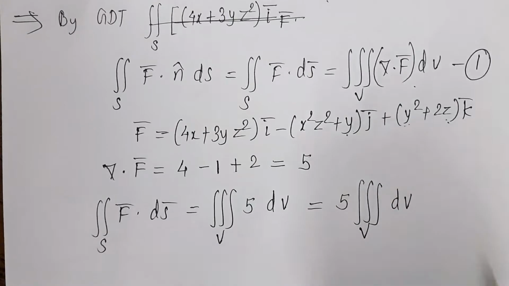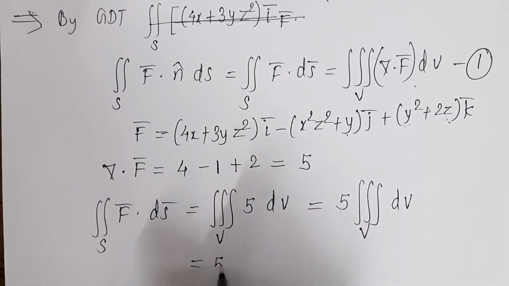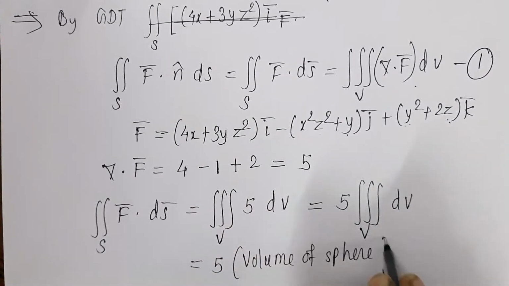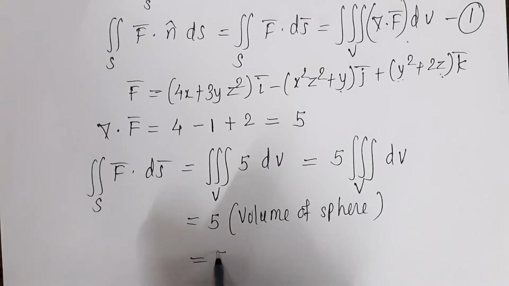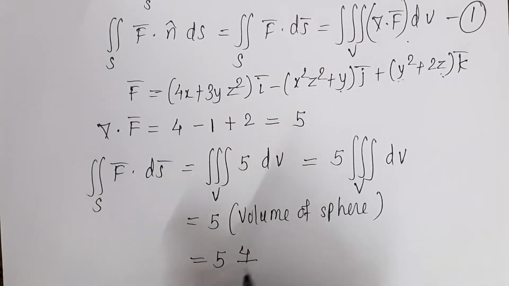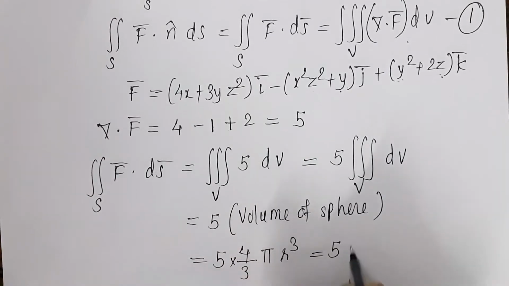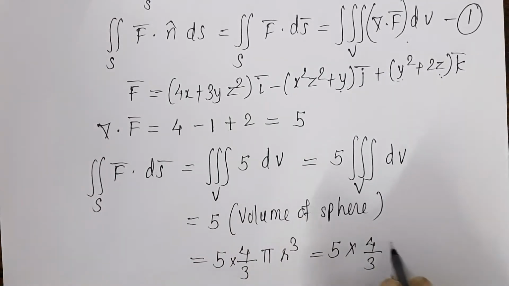Since S is the surface of a sphere, we can write it as 5 times the volume of the sphere. The volume of a sphere is 4 by 3 pi r cube, so it is 5 times 4 by 3 pi r cube.